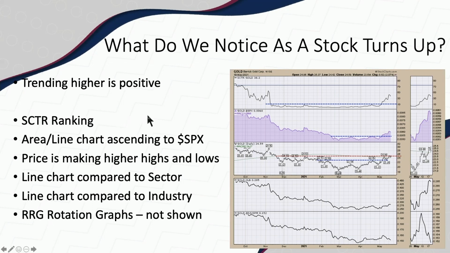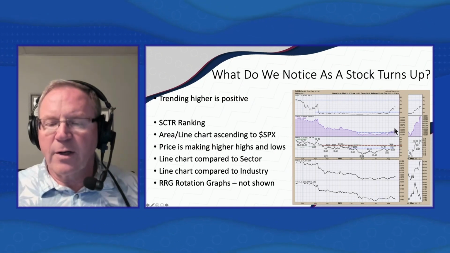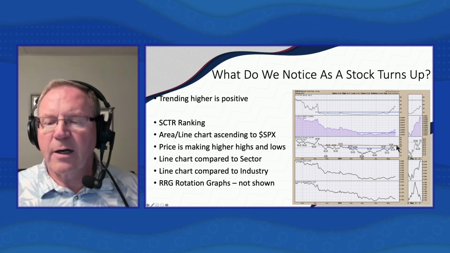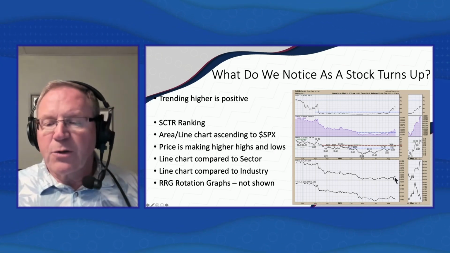What you'll see is that we're typically starting to trend higher, and this SCTR ranking on Barrick Gold had been below 10 for a long time, and now all of a sudden is starting to show a little bit of enthusiasm. Relative strength compared to the S&P 500 is now starting to turn up. Price is starting to improve. It's making higher highs and higher lows compared to the sector it's in, which is materials.